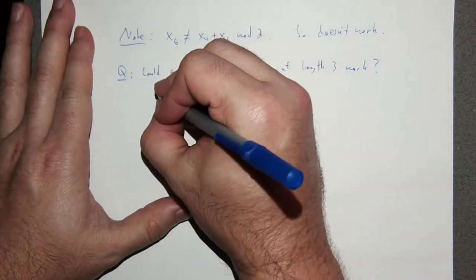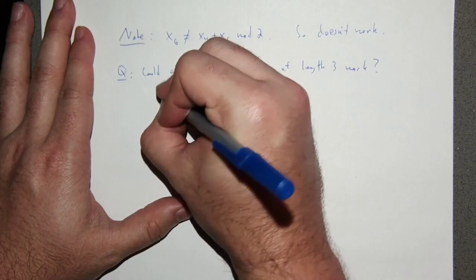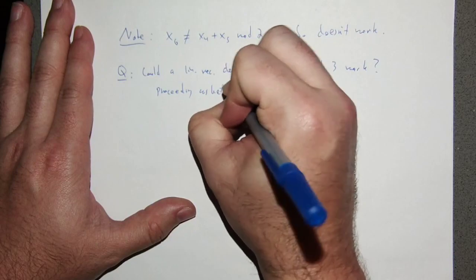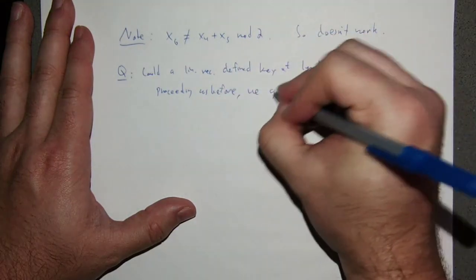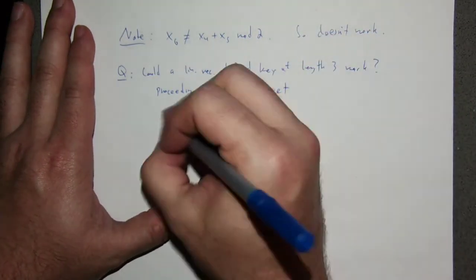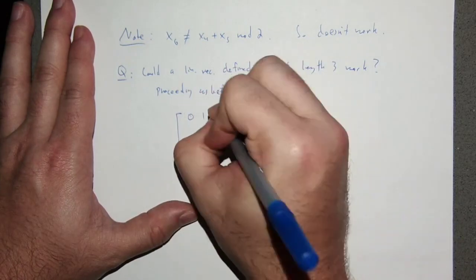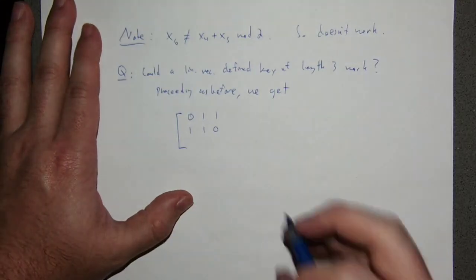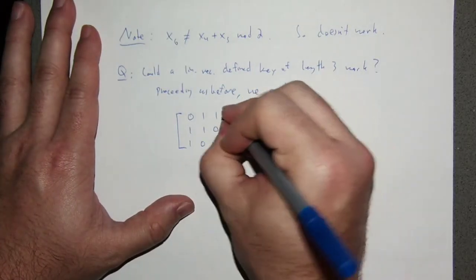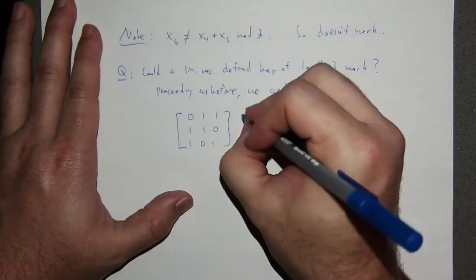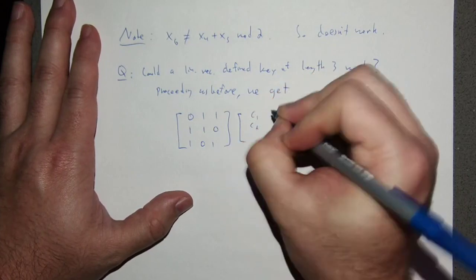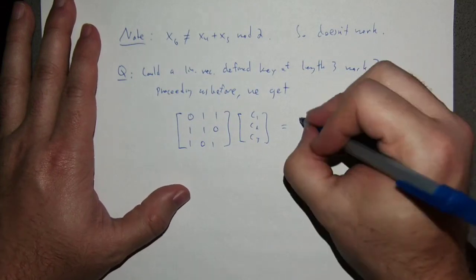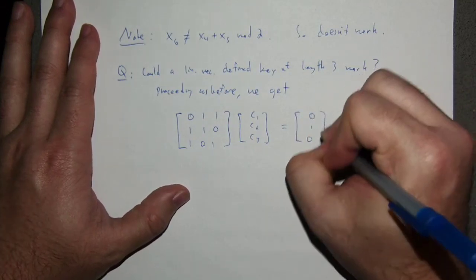So, proceeding as before, we get a matrix equation. The matrix equation we get is 0, 1, 1, 1, 1, 0, 1, 0, 1 times C1, C2, C3, and this is equal to 0, 1, 0 mod 2.